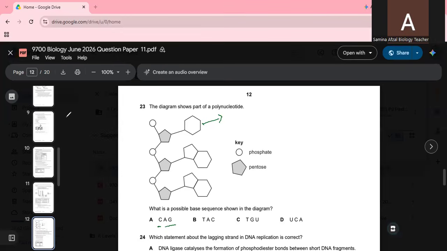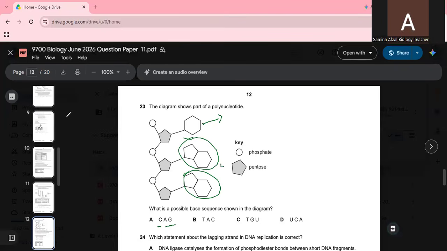The middle and bottom bases consist of double rings. Both show double rings, which can be purines, adenine or guanine.